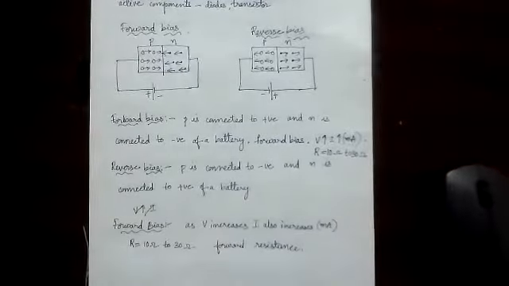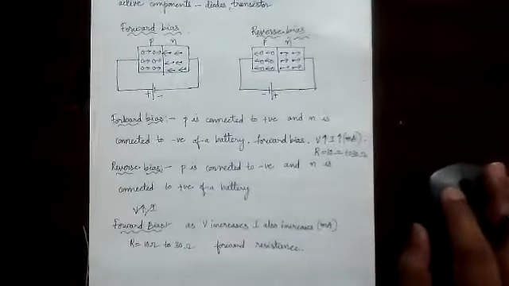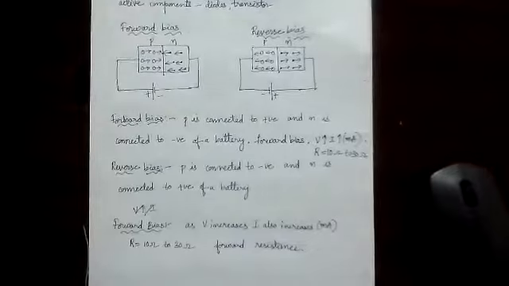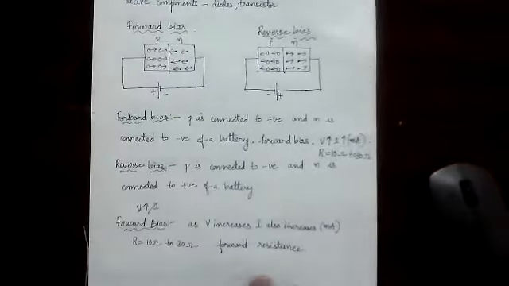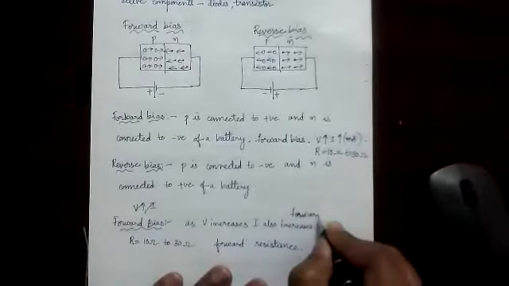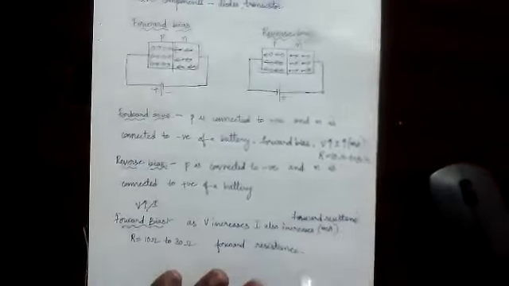The current is also known as forward current, and the resistance is known as forward resistance, and the resistance is very small.